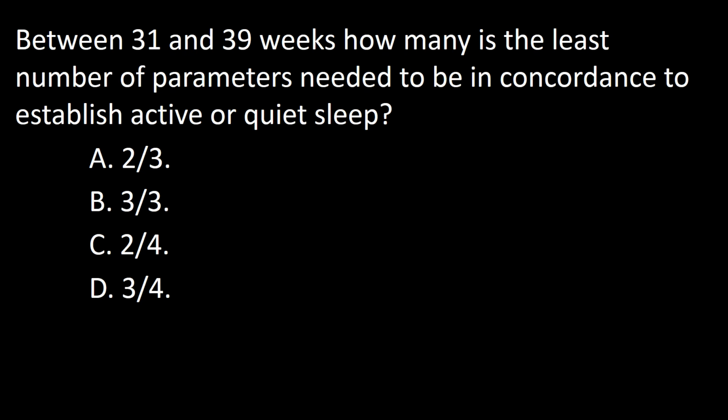Next question. Between 31 and 39 weeks conceptional age, what is the least number of parameters needed to be in concordance to establish active or quiet sleep? A, 2 of 3, B, 3 of 3, C, 2 of 4, D, 3 of 4.